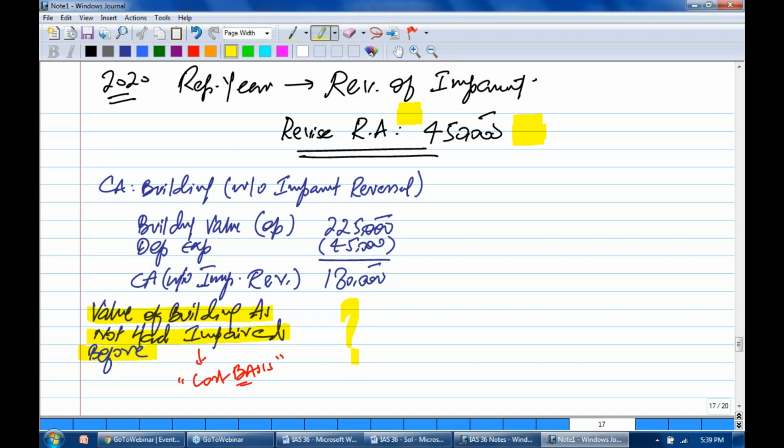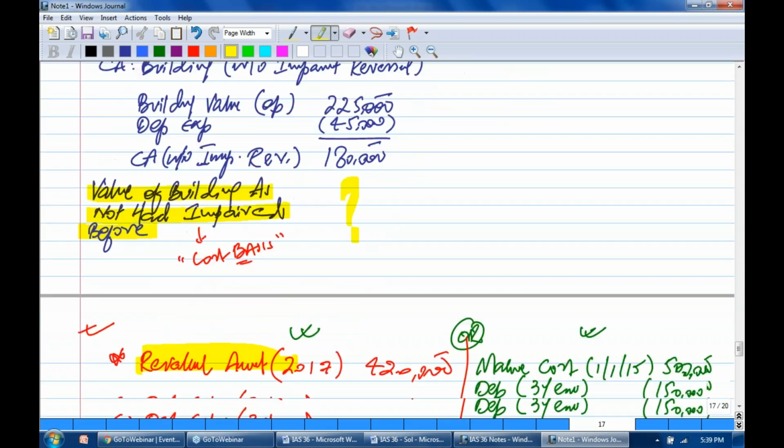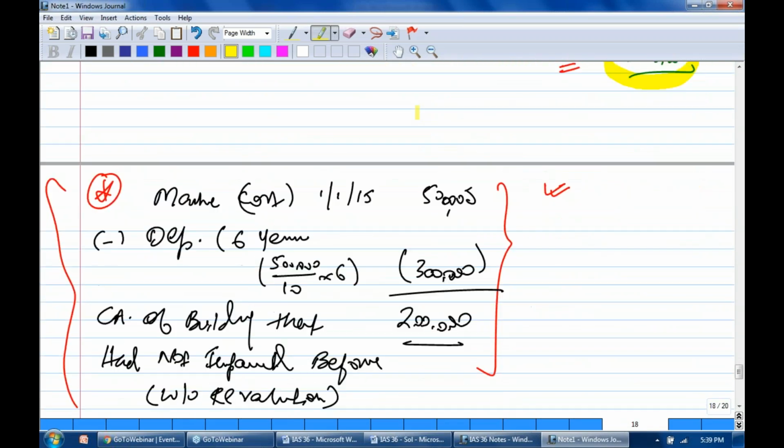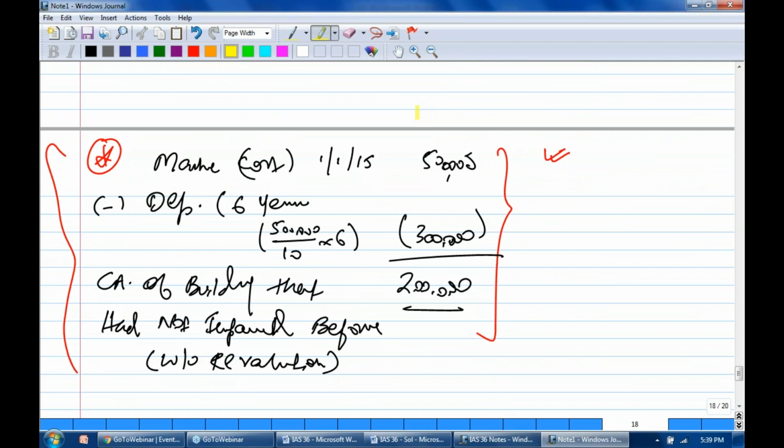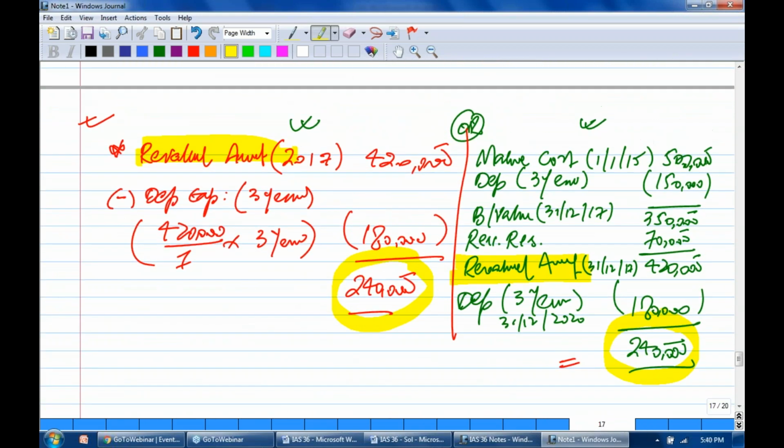Instead, we will calculate as the asset had not impaired before. And of course, the value is based on this cost basis rather than this revalued amount basis.